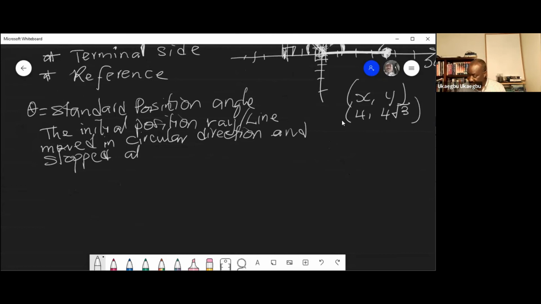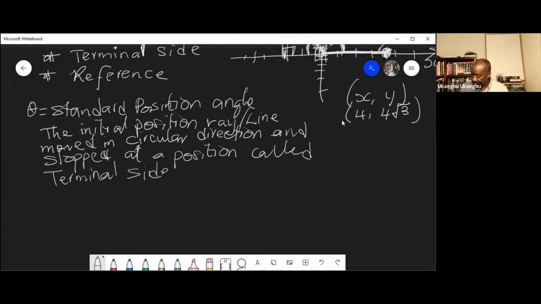The terminal side. This term is important to us. Initial position is also important to us. Okay.